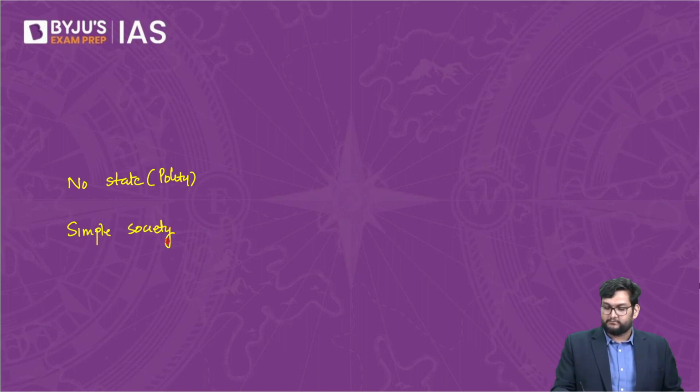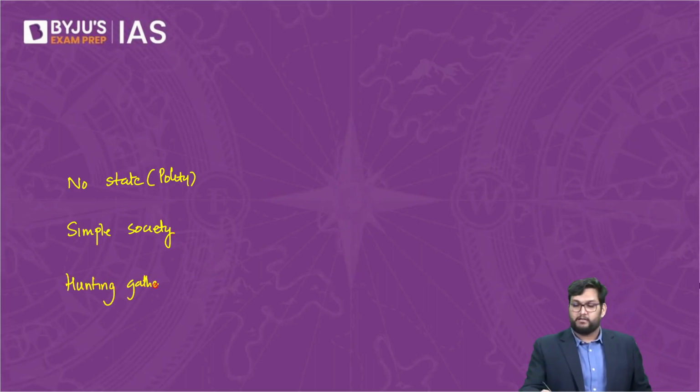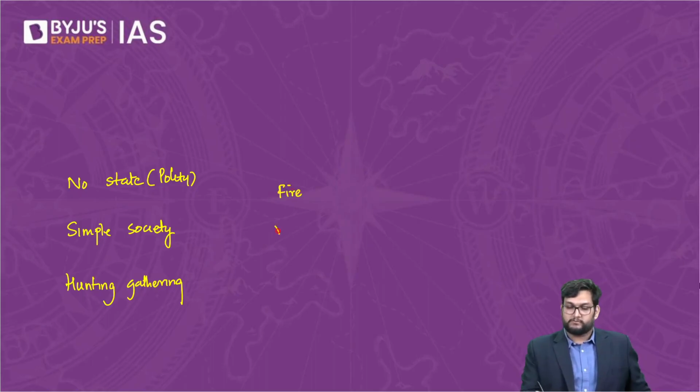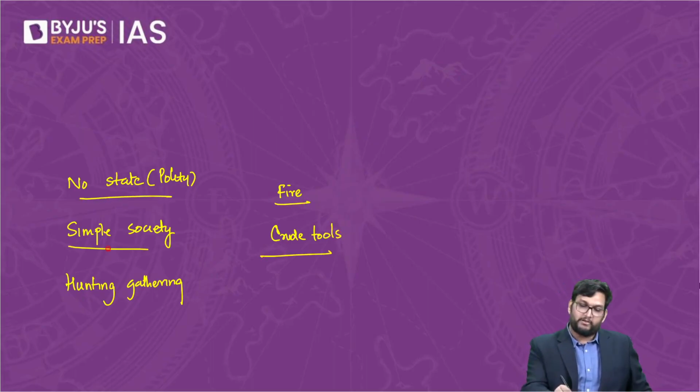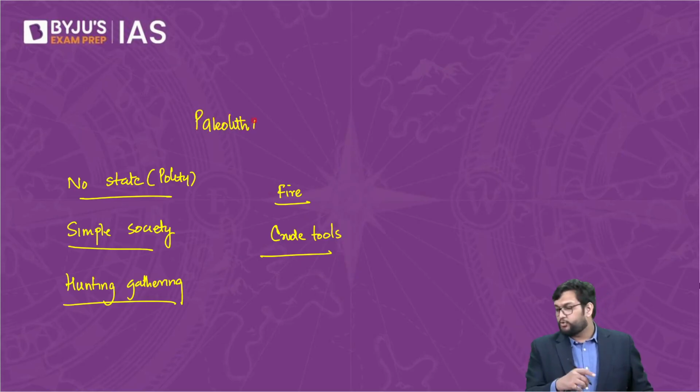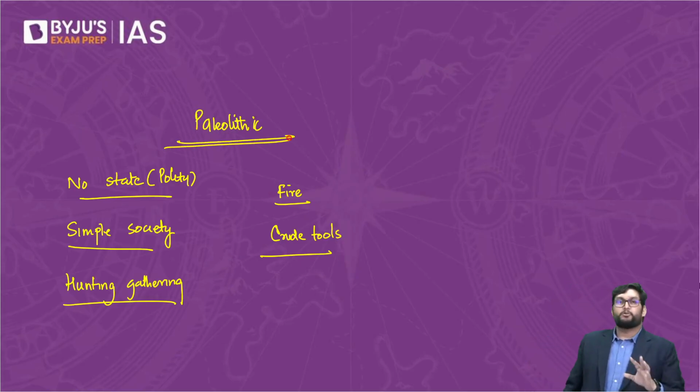There is what is called a simple society based on hunting, gathering, and fire, crude tools. Can you remember these basic points for Paleolithic? If somebody says to you any of these words, will you be able to identify them?